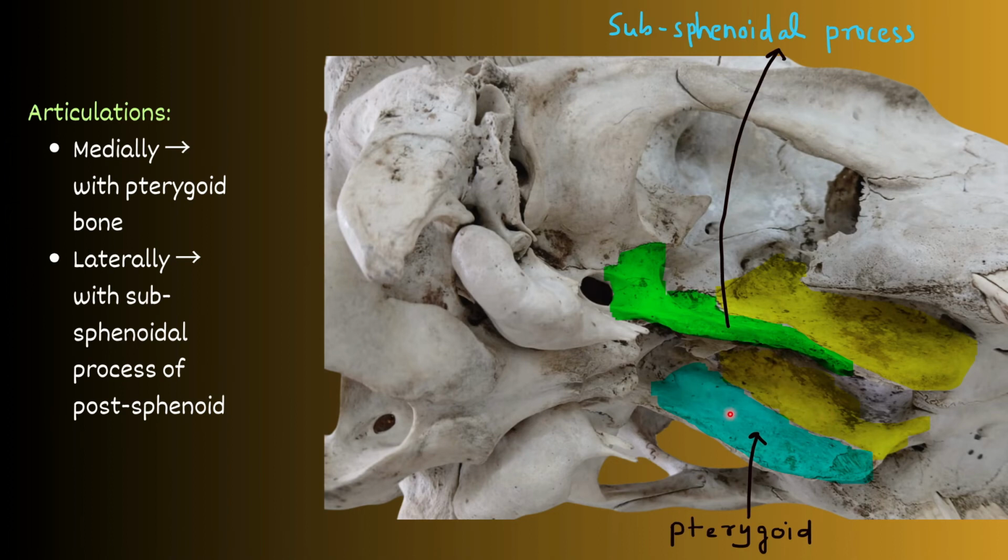So medially here you can see it articulates with the pterygoid bone. Laterally it articulates with the subsphenoidal process or pterygoid process of the postsphenoid bone. So this one is the pterygoid process or subsphenoidal process of the sphenoid bone.